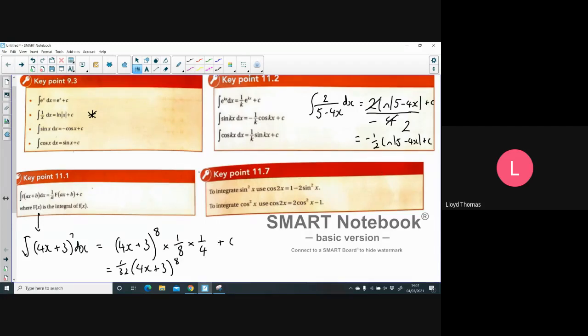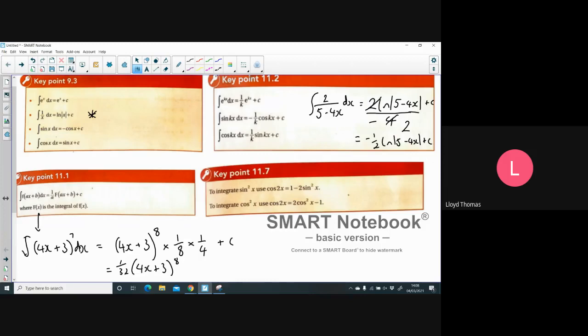Now this little box in the bottom right was of use within some exercises, not the most recent one, but the one before that. If we know our trig identity, specifically the cos 2x one, then I can replace sine squared x and cos squared x by the rearranged version of this identity.